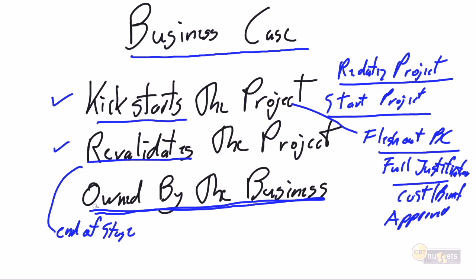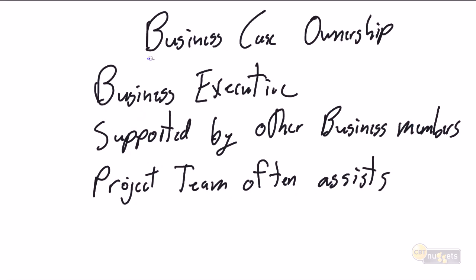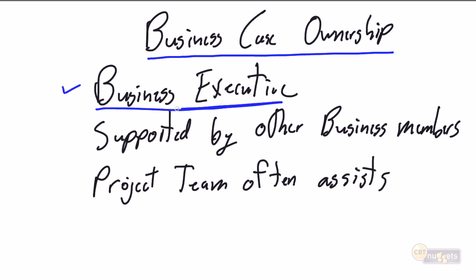It's not the project manager's, it's not the team's responsibility to keep the business case current. It is the business owners', it's the project acceptors' responsibility to keep the business case fresh and to keep the business case justified. And just to re-stress what I just said, the business case must be owned by the business, and typically the business case ownership will go all the way up to the business executive.